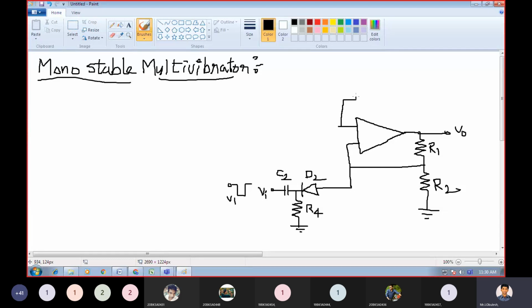We need to connect here feedback resistor RF. There is a feedback resistor RF.